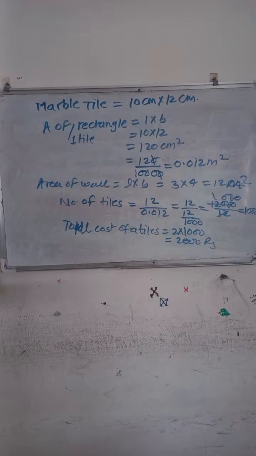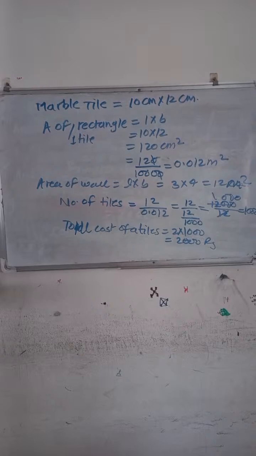Okay, I'll repeat this question. The area of a parallelogram is 24 centimeter square. If base is 5 centimeter, find the altitude of the parallelogram.